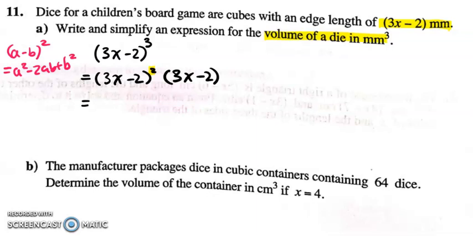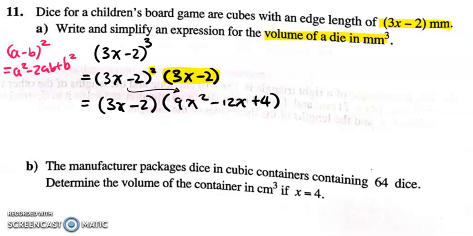Again, as I mentioned before, I like to put my binomials first. So I'm actually going to put that binomial 3x minus 2 at the beginning. And then my second term, I'm going to put this trinomial, which is 9x squared minus 12x plus 4. I'm going to multiply my binomial with the trinomial now.